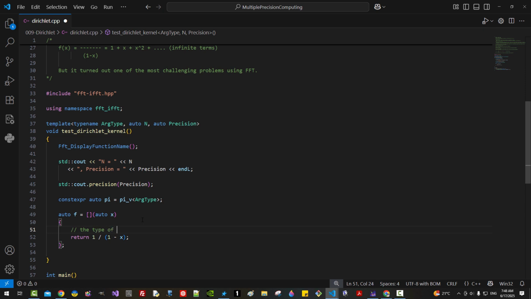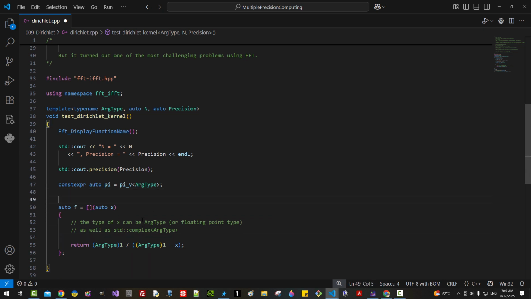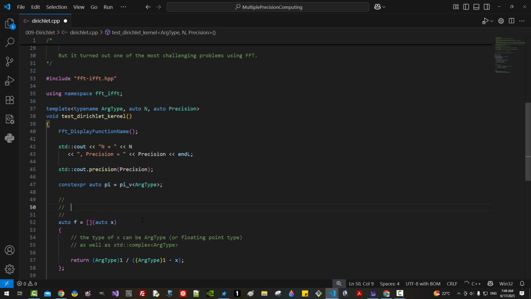The type of x can be ARG type or floating point type, as well as std complex ARG type. Here we can typecast ARG type. We should do typecast.